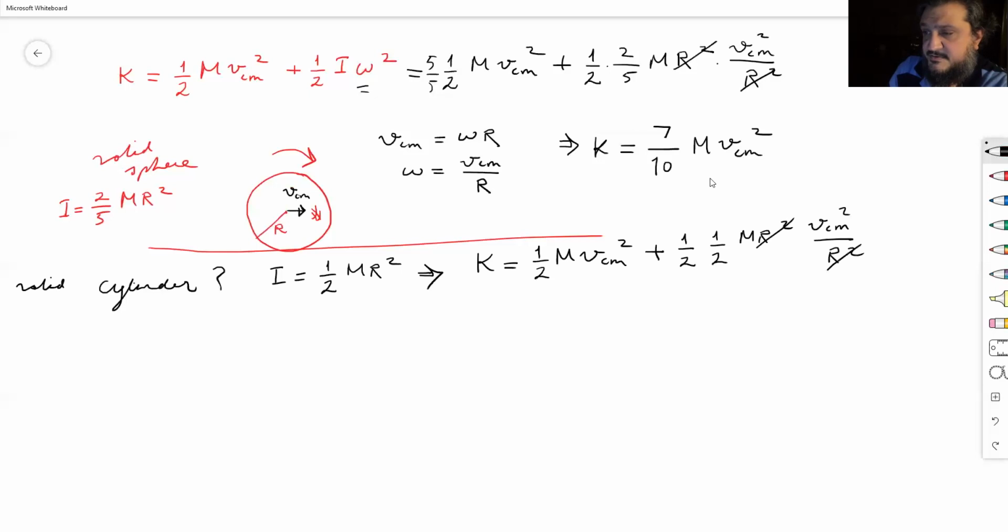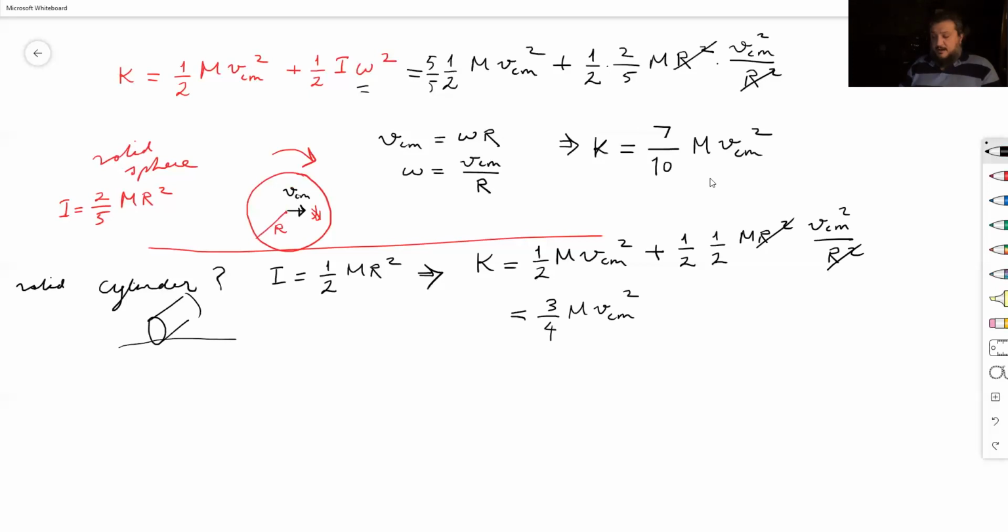So we have 3/4 m v_cm squared. Okay, this is for a solid cylinder, which is rolling without slipping.